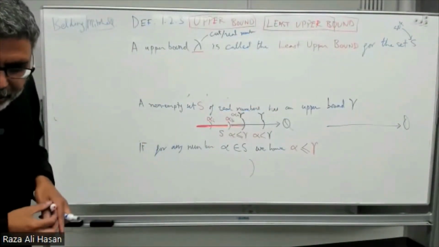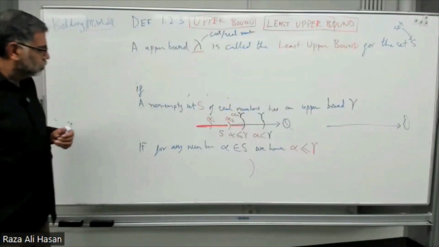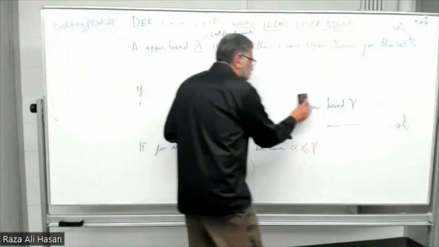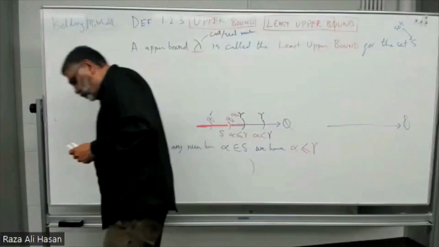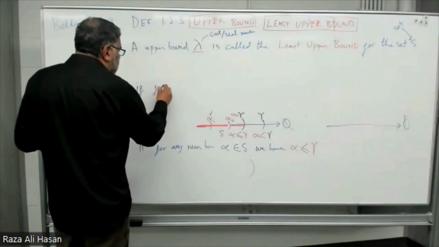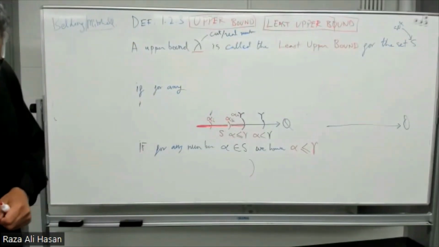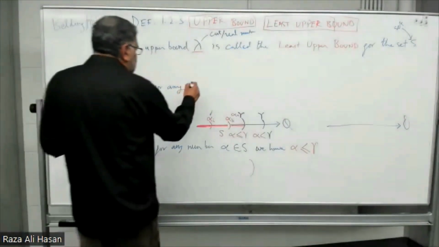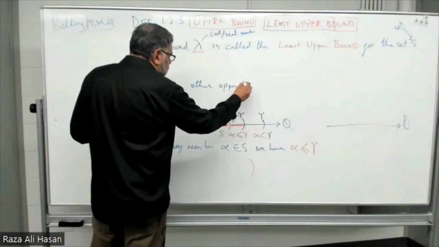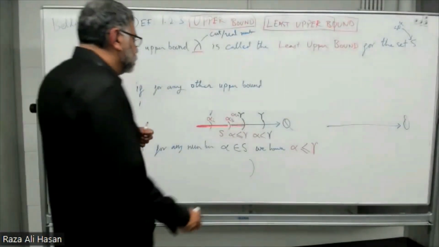Okay, so now if for any, so we got an upper bound, and then we are told if for any other upper bound, and I think they're going to go with gamma.